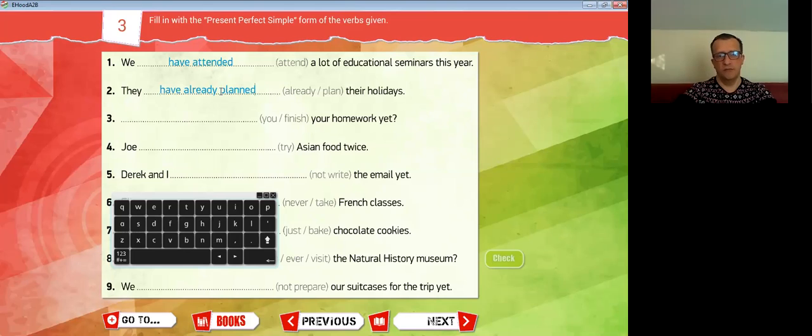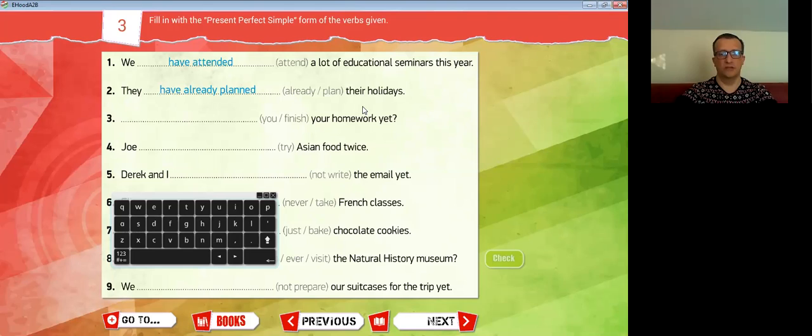So as you see from the sentence, you can make some rules from the sentences in English. As you see, already is used between the auxiliary verb and the main verb, and the meaning is çoktan in Turkish. Çoktan planladılar. They have already planned their holidays. Tatillerini çoktan planladılar.